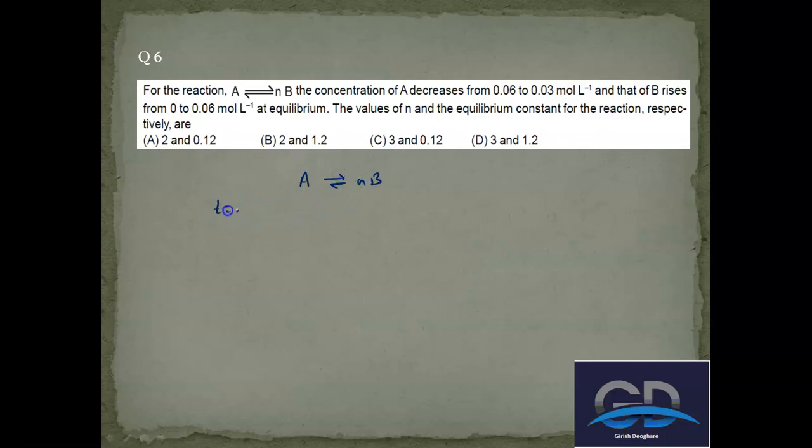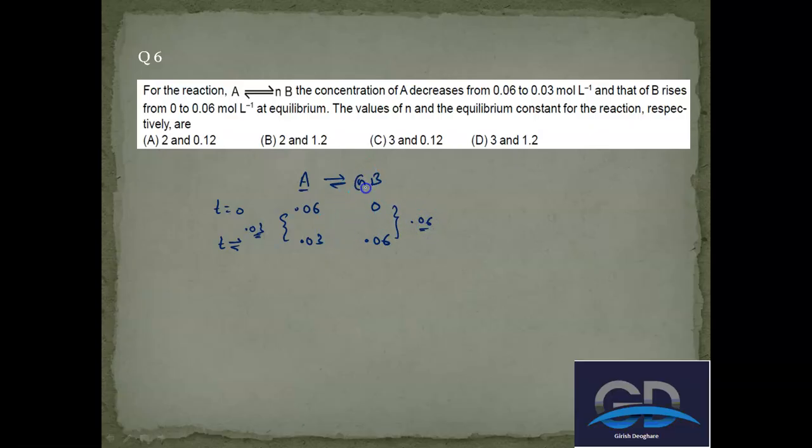At the initial instant, A was 0.06 and B was not formed. At equilibrium, we see that A has decreased to 0.03, whereas B has increased to 0.06. So from here we can say the decrease in concentration of A would be 0.03, and the increase is 0.06 for B.